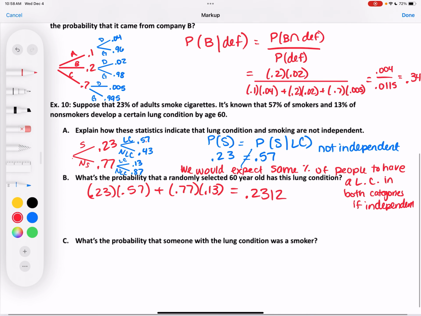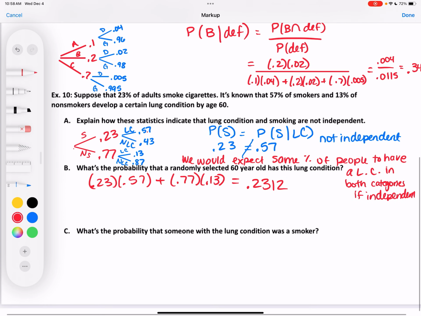Alright, let's see if y'all can figure out how to set this one up. What's the probability that someone with a lung condition was a smoker? Probability of LC, or would it be the given thing? Yeah. So the probability that someone with a lung condition was a smoker.